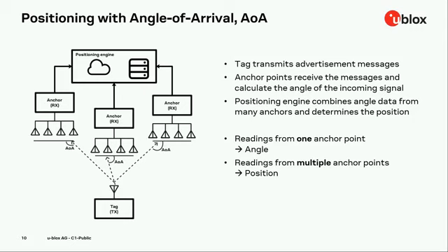So all of those 3 anchor points that you see here in the picture, all of them calculate the angle to the transmitter. So the readings from one anchor point give you the angle, and then you can combine readings from multiple anchor points in a positioning engine and calculate the position.